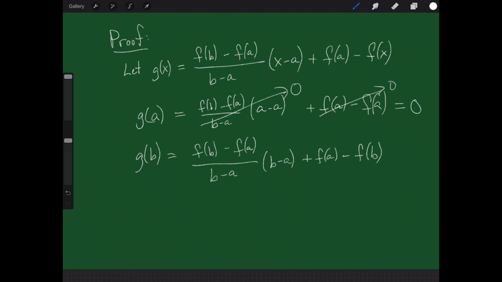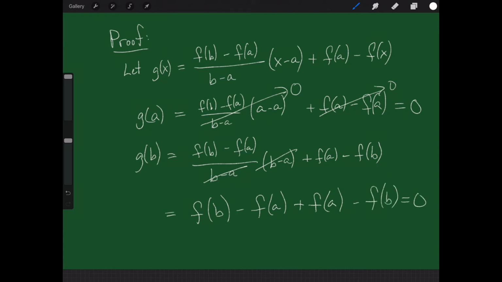First of all, I've got a b minus a over b minus a here, so that b minus a cancels with that b minus a, and what am I left with? I'm left with f of b minus f of a plus f of a minus f of b, otherwise known as 0. So g of a is 0 and g of b is 0.